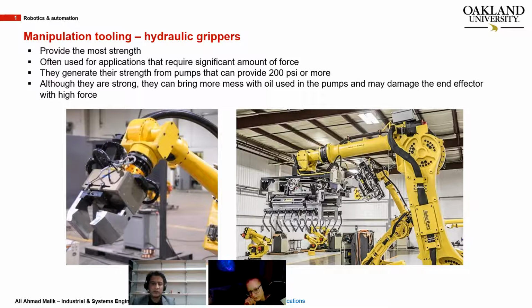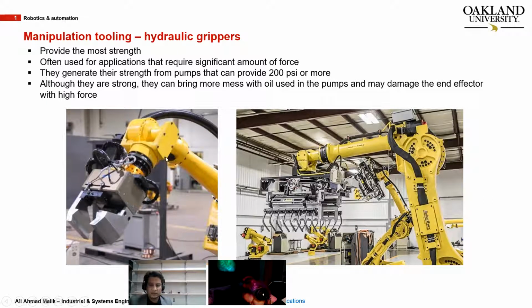In terms of hydraulics, there is some oil from a pump that creates the pressure by which a picking force is generated. But because oil is used in these pumps, they may damage the end effector with high force.